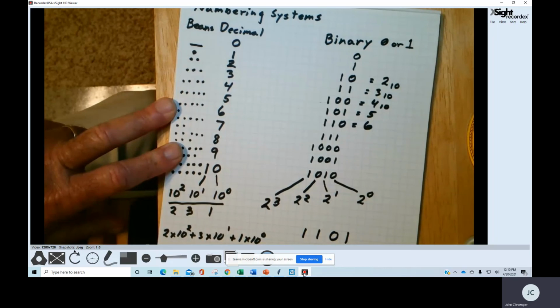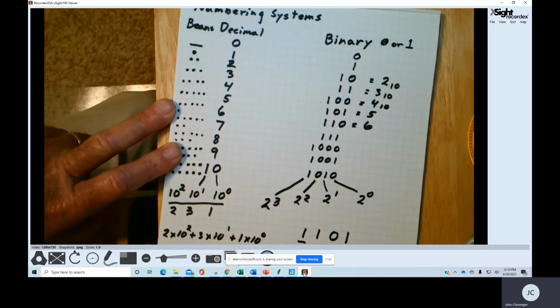And I'll put a little 10 down here to show this is a decimal number, or base 10, is what we call this. So every 1 here is worth 2 to the third, or 8. Every 1 here is worth 2 to the second, or 4. Every 1 here would be worth 2 to the first, and every 1 here is just worth 1. So we ended up with 8 plus 4 plus 0 plus 1.